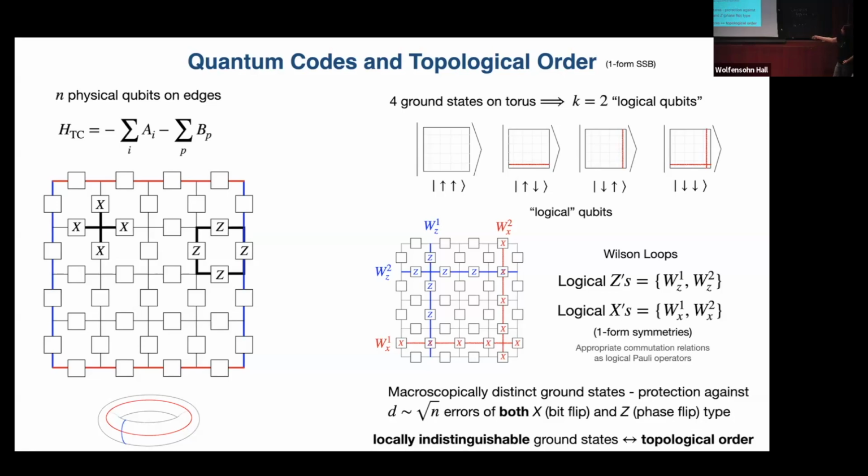So the distance here is square root of n, okay? Because n is a total number, and this is scaling as one linear dimension rather than the square. So the distance of this code is square root of n, and this protects against both X and Z type errors, so they're locally indistinguishable, corresponding to topological order.